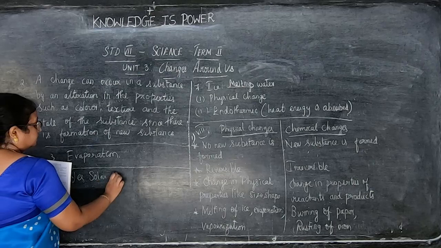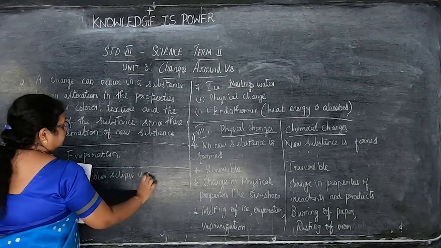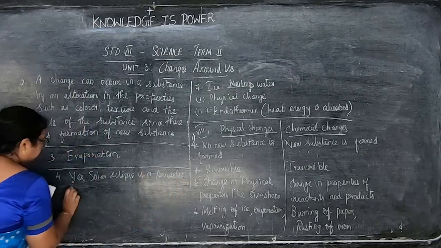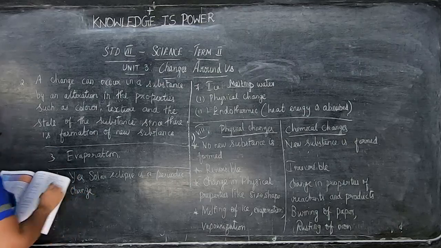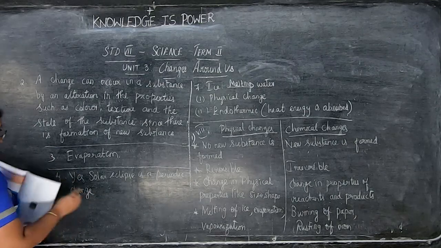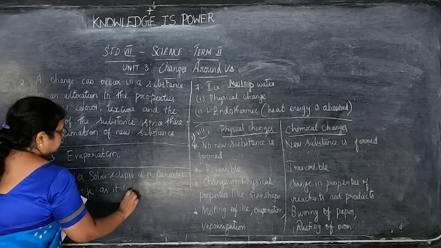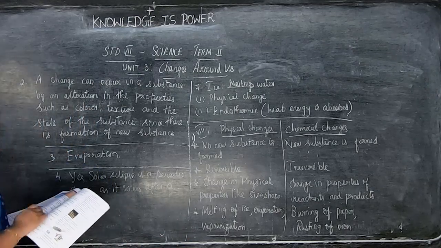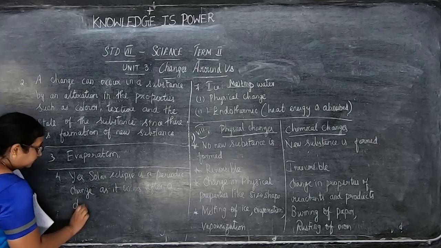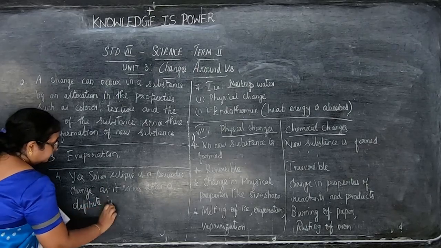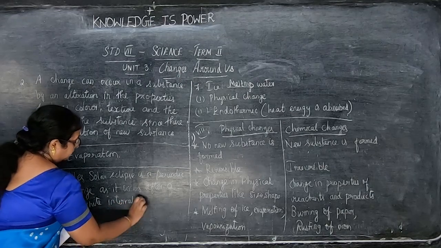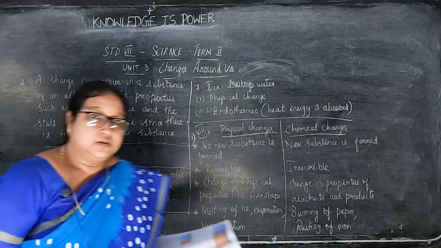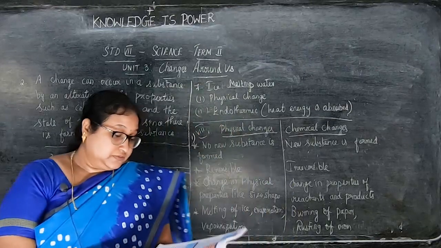Solar eclipse is a periodic change as it occurs after a definite interval of time. So these are the 4 questions, children.